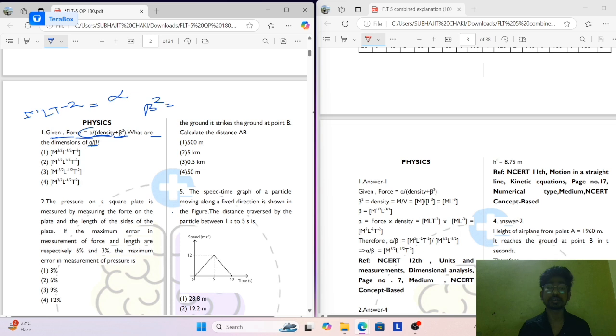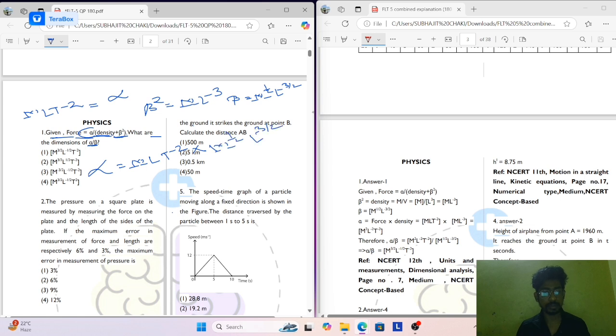Density is mass by volume, that is ML^-3. So beta will be M^1/2 L^-3/2, right? And the dimension of alpha will be MLT^-2 into M^1/2 L^-3/2, right?